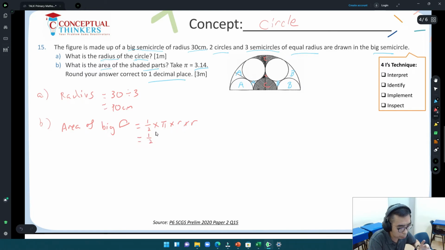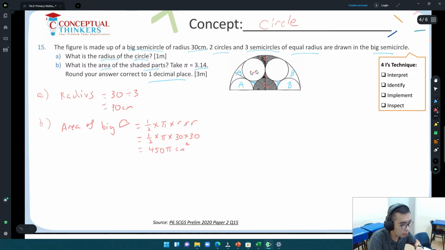In terms of the pi, I will not use 3.14 now. I will just keep it as pi so that it's easier to have a better presentation, and to ensure that I don't make any careless mistake in the calculation. The radius here is 30, so I will get 450 pi cm square.